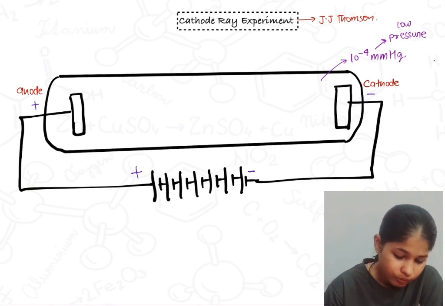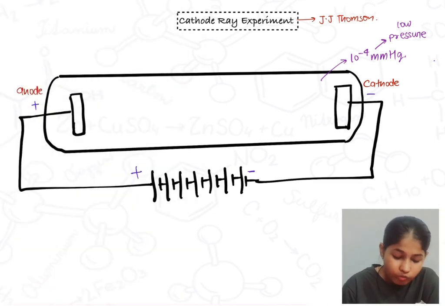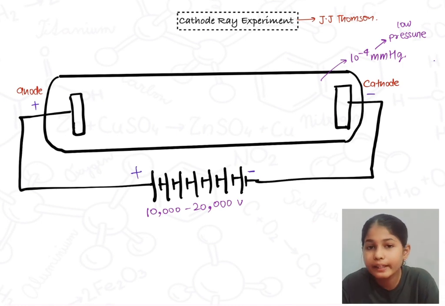Now this was the whole setup. When he gave electricity of about 10,000 to 20,000 volts, what happens?